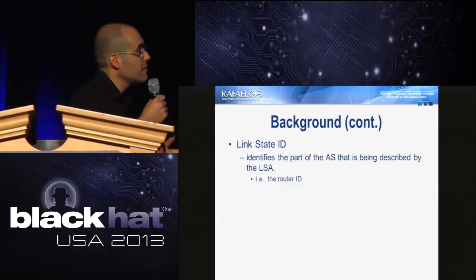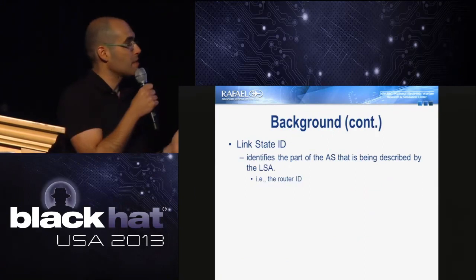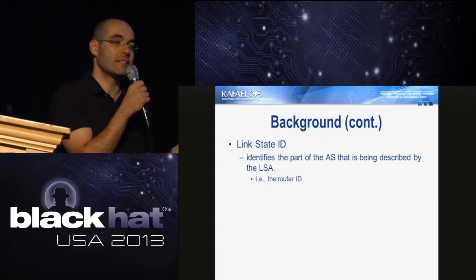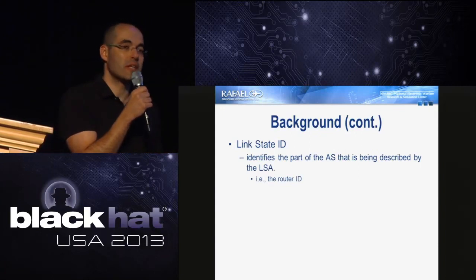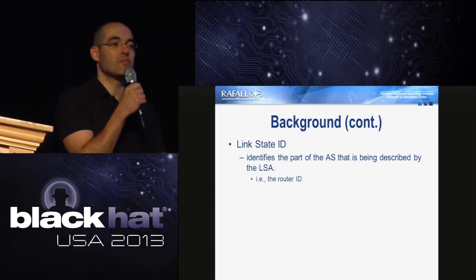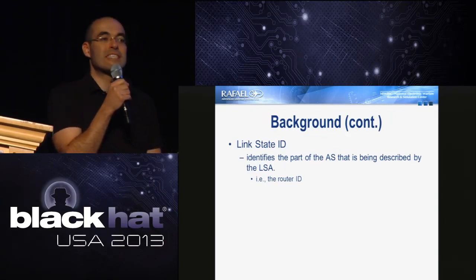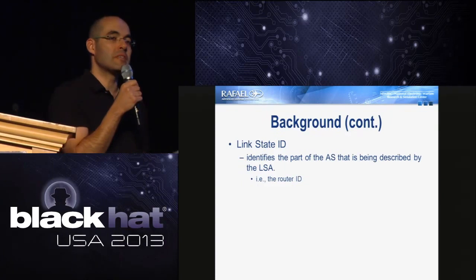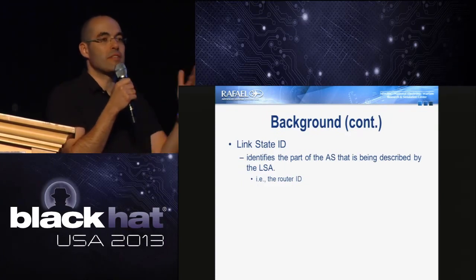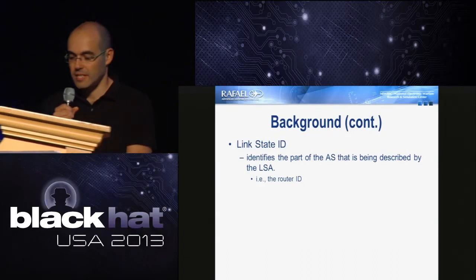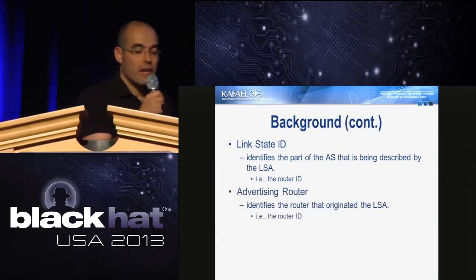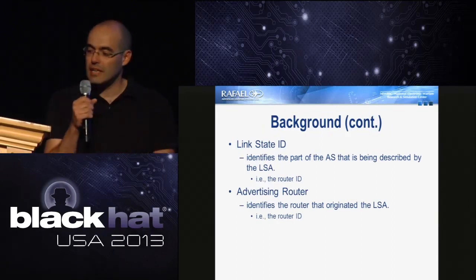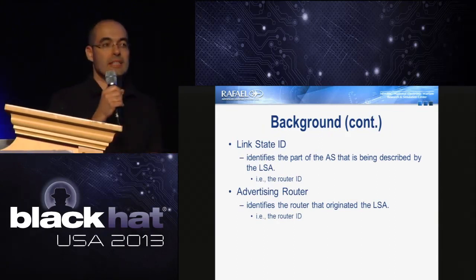A link state ID actually identifies the part of the autonomous system that is being described by the LSA. In the case of a router LSA, since the LSA describes the links of a given router, then the link state ID would be the ID of that router. The ID of the router is simply an IP address of one of its interfaces. And the advertising router field identifies the router that originated the LSA.